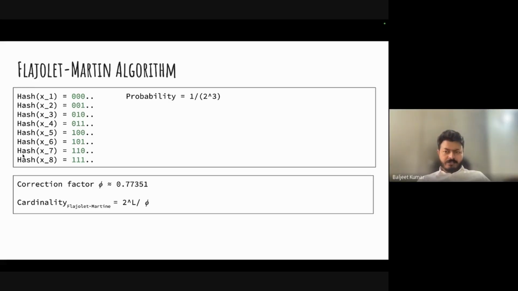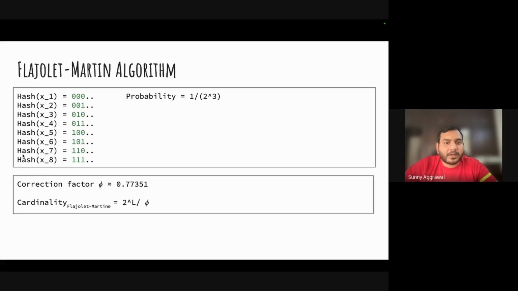Okay. But obviously, this algorithm has some error. It's not like this algorithm gives you the exact number, so there's some error rate. Let's talk about what will happen in this particular algorithm. If one of the hash values is biased, it can create a bias.